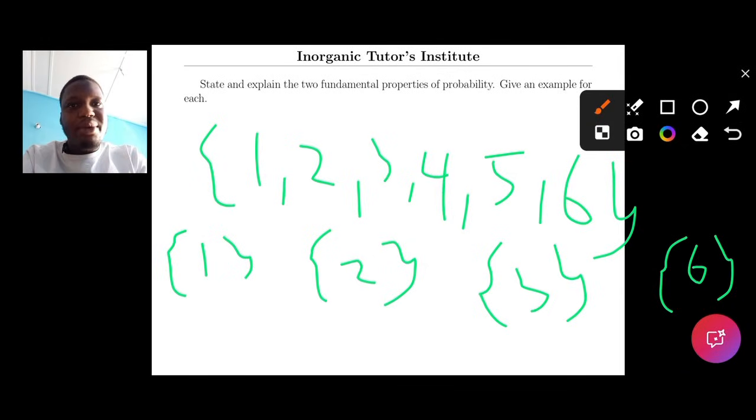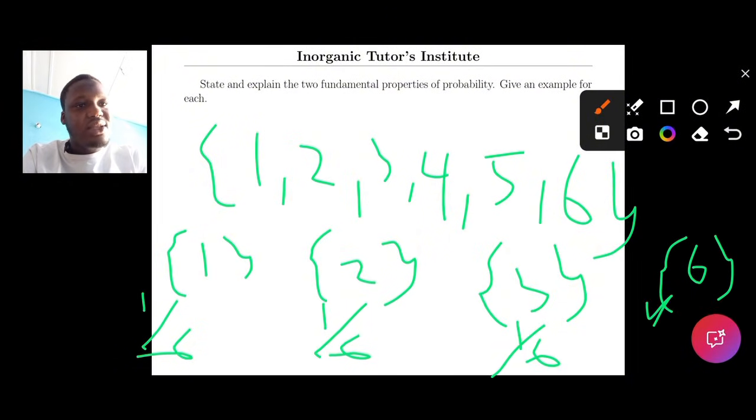Okay, so the probability of the first one, because it has one outcome, is 1 over 6. Because this has one outcome, don't go and write 2 over 6, please. It has just one outcome. You are not looking at the value, you are looking at the number of outcomes. It's just one. So this will also give us 1 over 6, and this will give us 1 over 6, and the ones in between, the 4 and 5, will also give us 1 over 6.